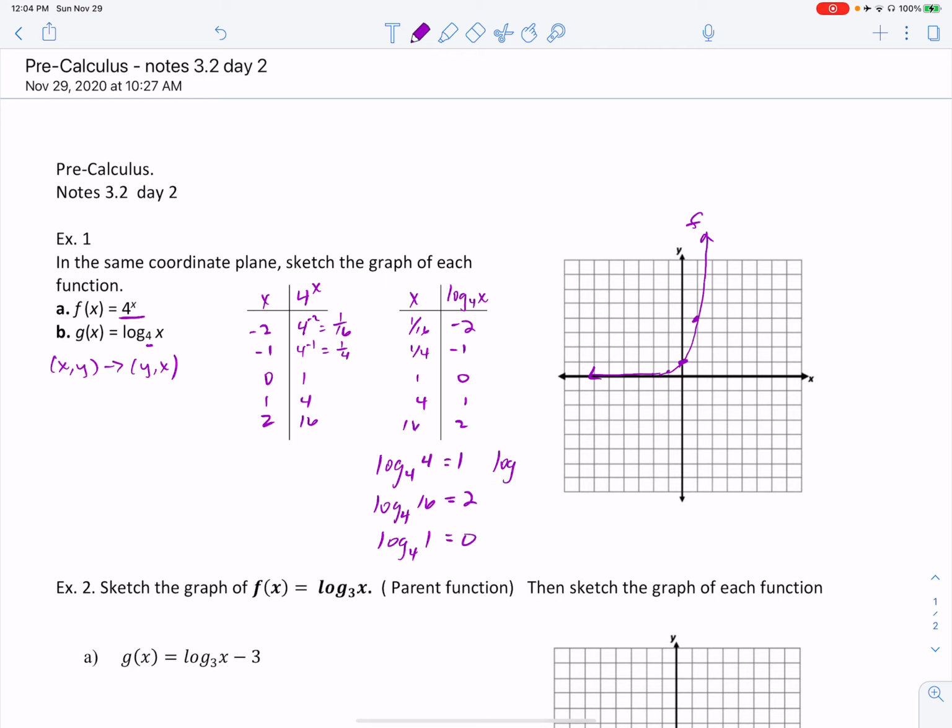And then 4 to what power is 1/4? Well, that would be a -1. 4 to what power is 1/16? -2. And that's really what's happening on those. And then the line y equals x has a slope of 1.